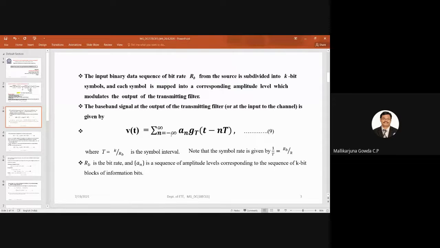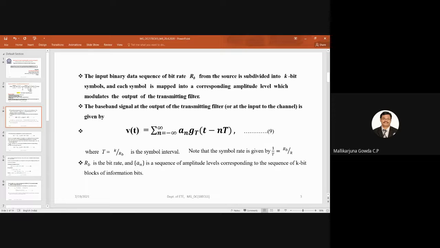Means when n is 0, the amplitude of the signal will be a naught. Then when n is 1, the amplitude of this pulse will be a1 into g_T of t minus T. So I hope you can extend, it's a summation form. By substituting the value of n as 0, 1, 2, 3 like that, you can write it even for negative values of n also.